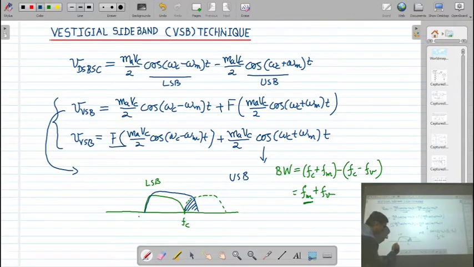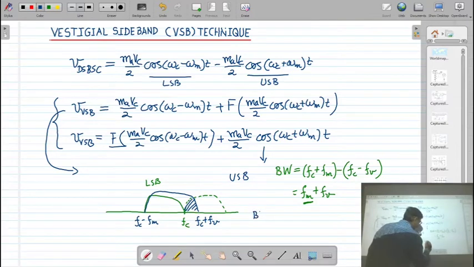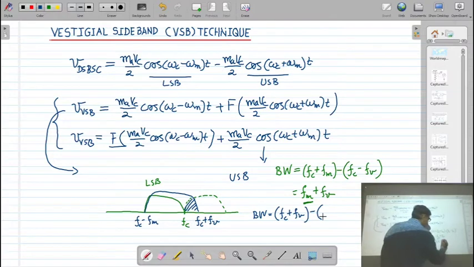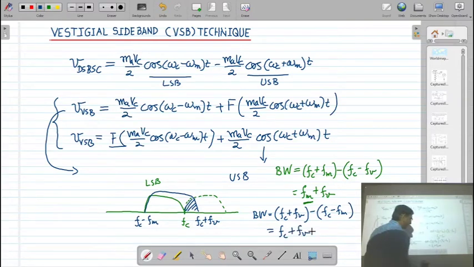So this frequency is Fc minus Fm, and this is Fc plus Fv. If you calculate the bandwidth again, it comes out to be the maximum frequency Fc plus Fv minus the minimum frequency Fc minus Fm.